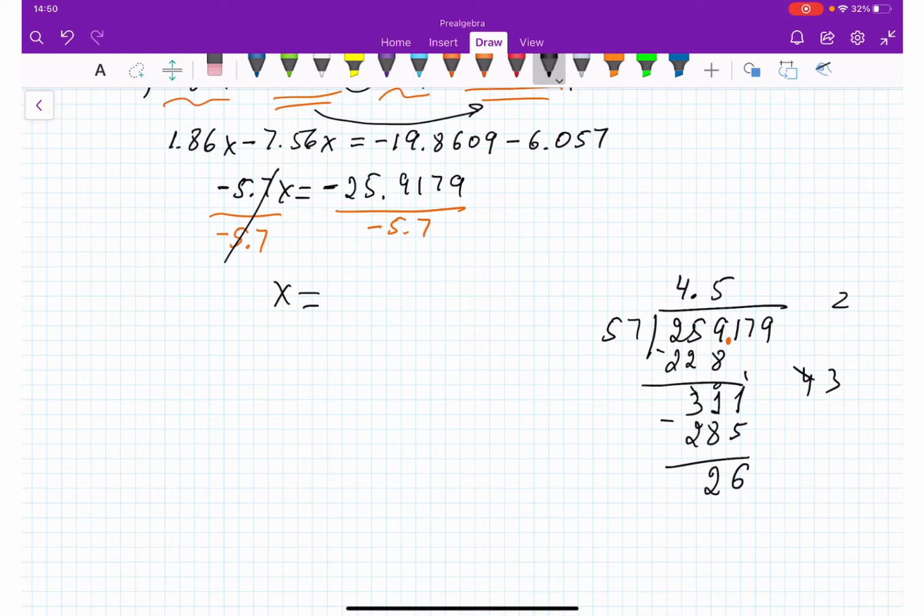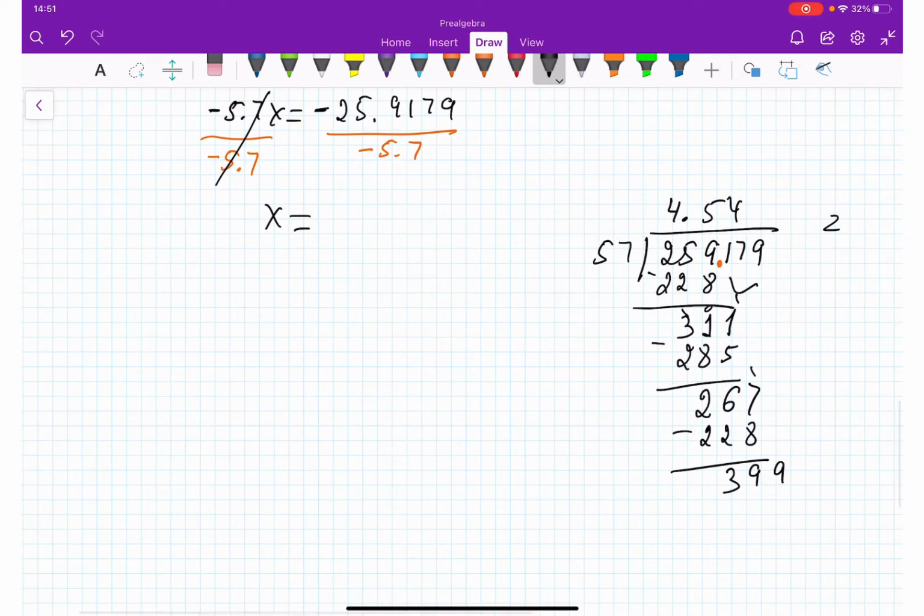The answer is going to be 26. Okay, so adding one more, wait, yeah, we have more, 7. Adding 7, how many times? 267, I guess 4 times again, 228. 17 minus 8 is 9, 5 minus 2 is 3, bringing down 9, 399.